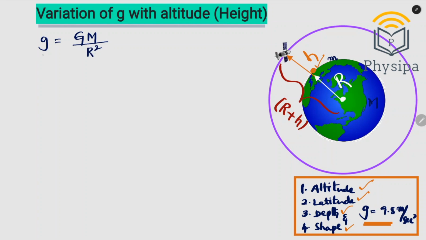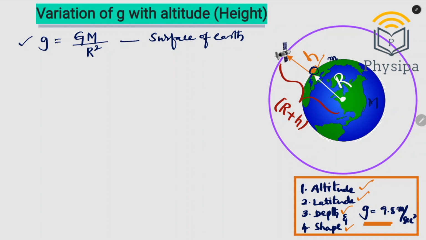Here small g is the acceleration due to gravity at the surface of earth, that is, the acceleration due to gravity of this object which is on the surface of earth is given by this expression.